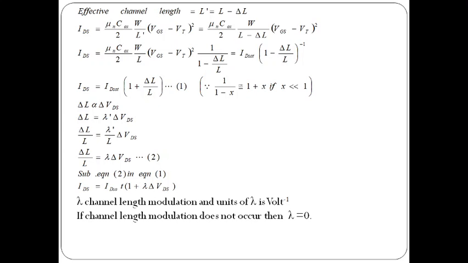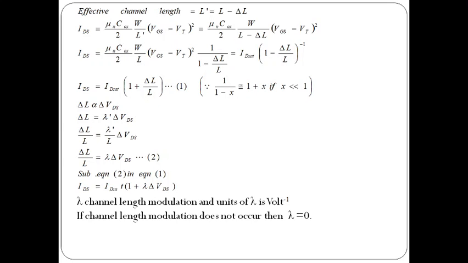Yes. So lambda dash is a constant and L is also constant, so lambda dash by L is also constant. Replacing lambda dash by L with a constant lambda, delta L by L equals lambda into delta VDS. This is equation number 2. Substitute equation number 2 in equation number 1: IDS equals ID sat into (1 plus lambda delta VDS).